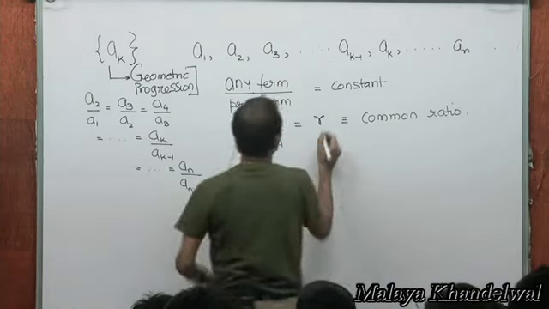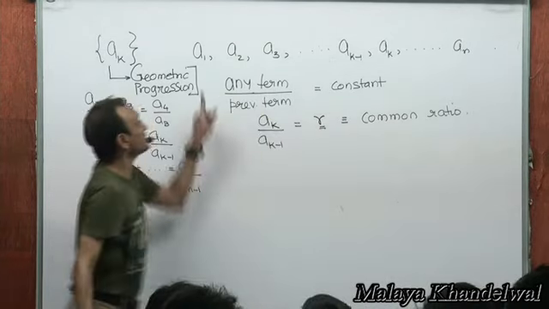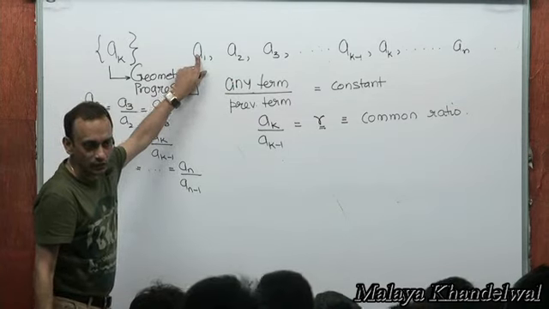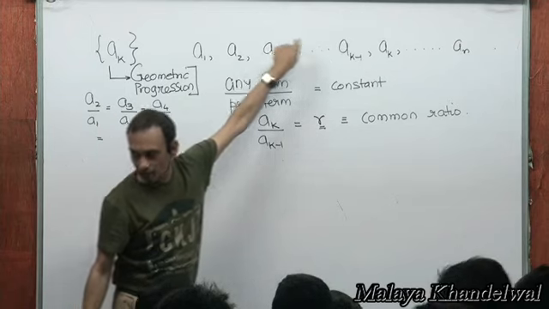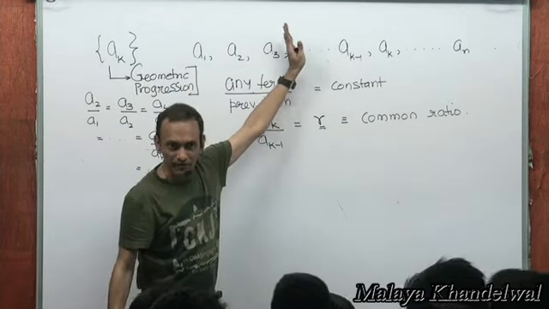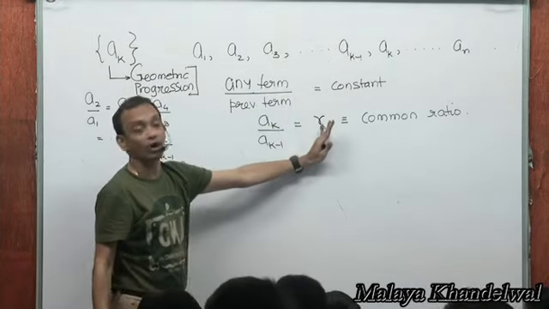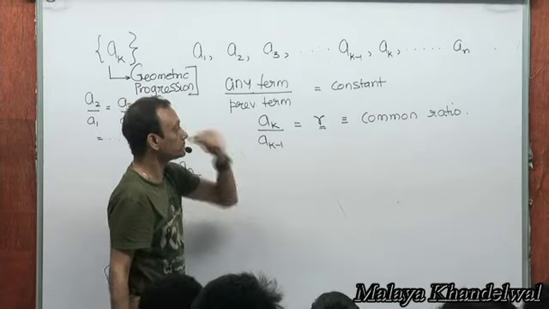Which means, if this property is known, A2 by A1 will be R, A3 by A2 will be R, A4 by A3 will be R, AK by AK minus 1 will be R, right? This is the common ratio of the sequence.